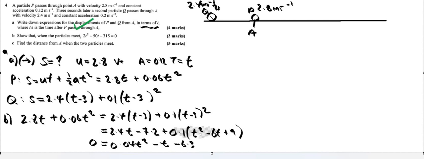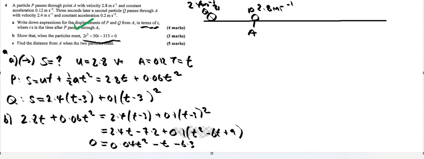Now, it says that I've got to match this quadratic. Well, that doesn't match, does it? So let's look at the t squared. What 0.04 times what is 2?